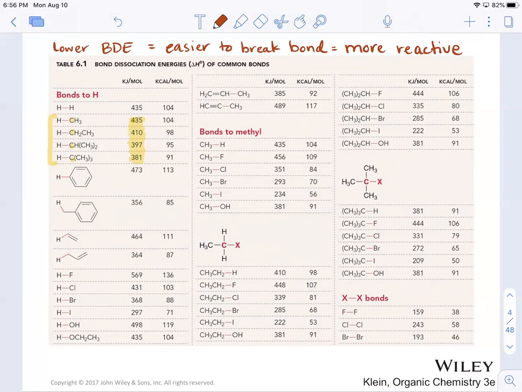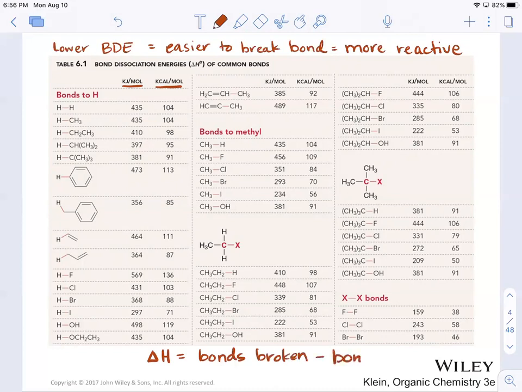Now, these numbers you do not have to memorize. We will try to use both units just to get comfortable with it, kilojoules per mole versus kcals per mole. Essentially, it's just a unit conversion. So both of these you should know how to use, and both of them can be utilized in the delta H calculation of bonds broken minus bonds formed.